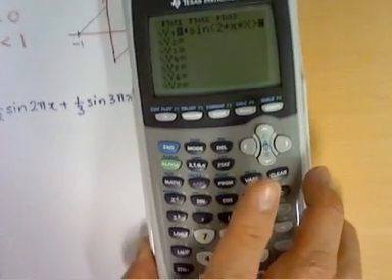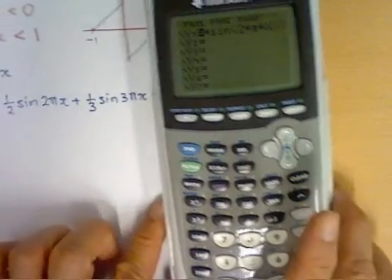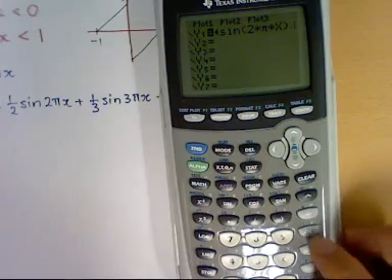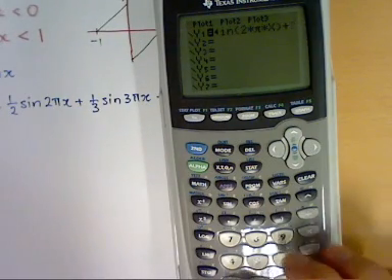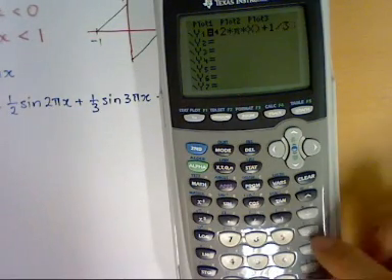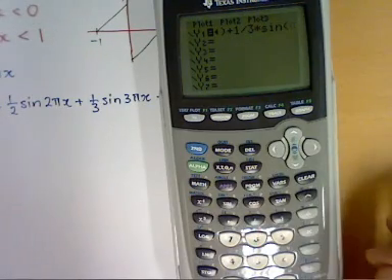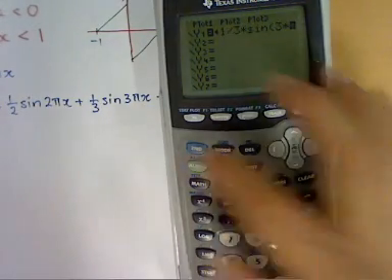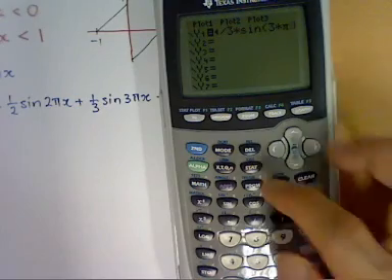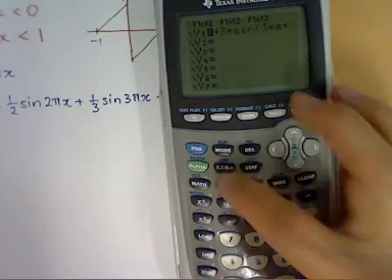Moving on, we have the third term, sine 3 pi x. That's plus 1 divided by 3 times sine of 3 times pi times x.